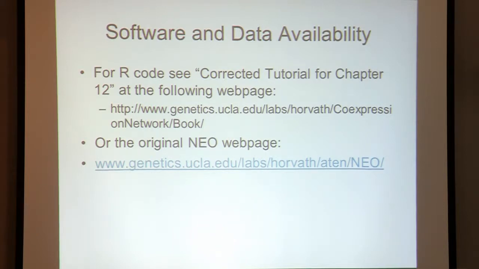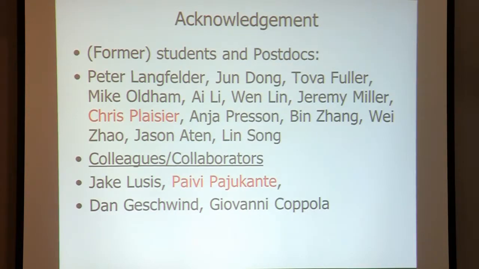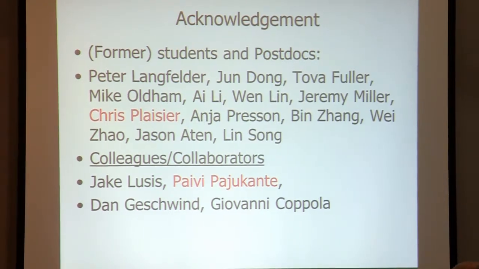The R software that I just presented corresponds to one of these book chapters. And here I acknowledge several of my collaborators, in particular Päivi Päijykanta and Chris Plaisier, who were the authors on this systems genetic analysis. Okay, thank you.